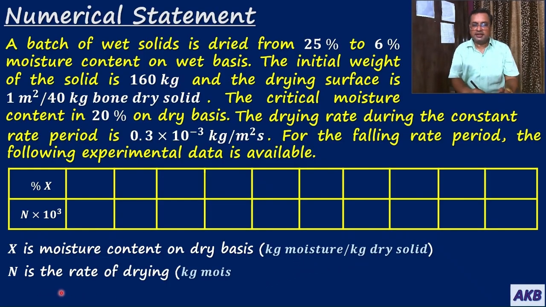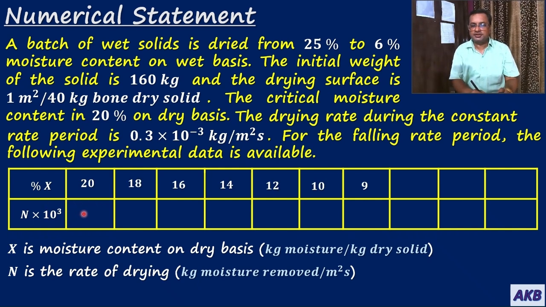And capital N is the rate of drying, which in this case is given as kg moisture removed per meter square per second. Various values for these two quantities are given to us, and corresponding values for N into 10 to the power 3.